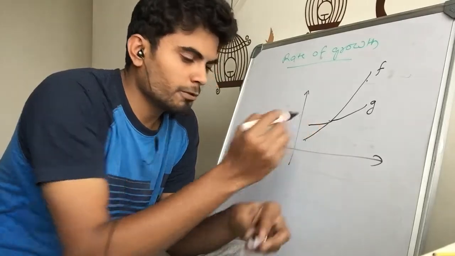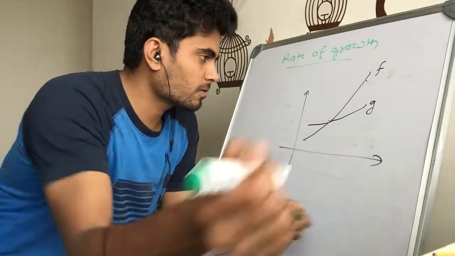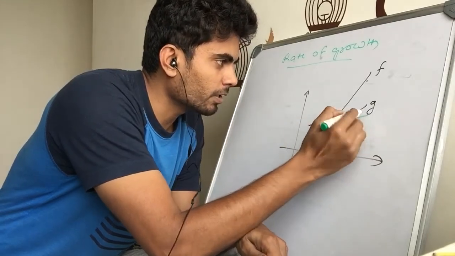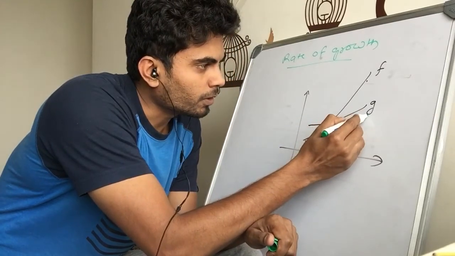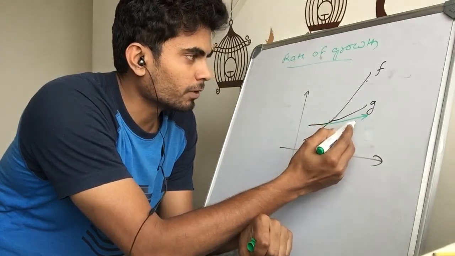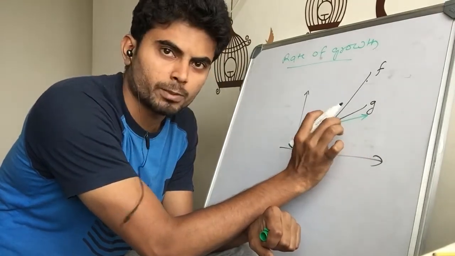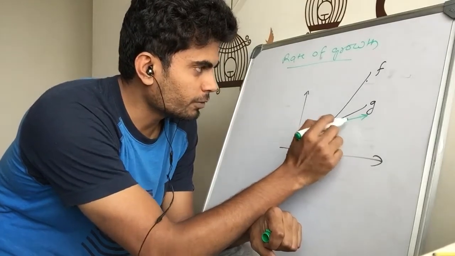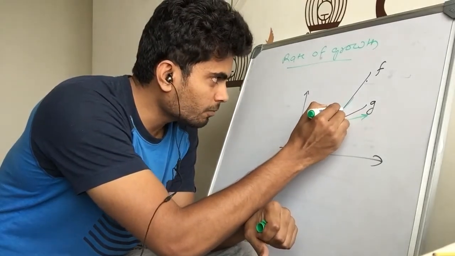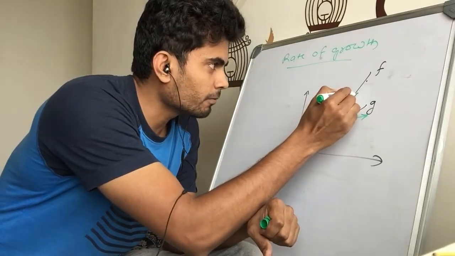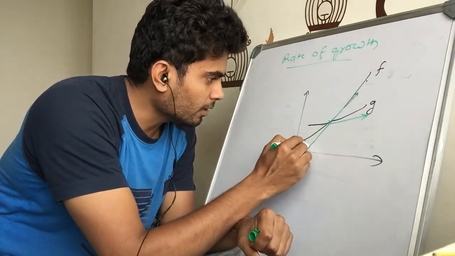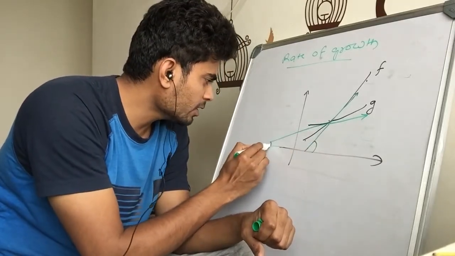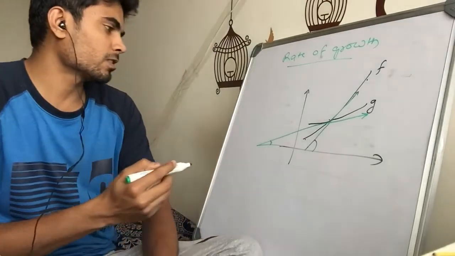If you draw a tangent at any point of the curve g for its rate of growth, and the tangent on the curve f, the angle here is quite bigger than this angle. This is a smaller angle, and this is about thrice of it.